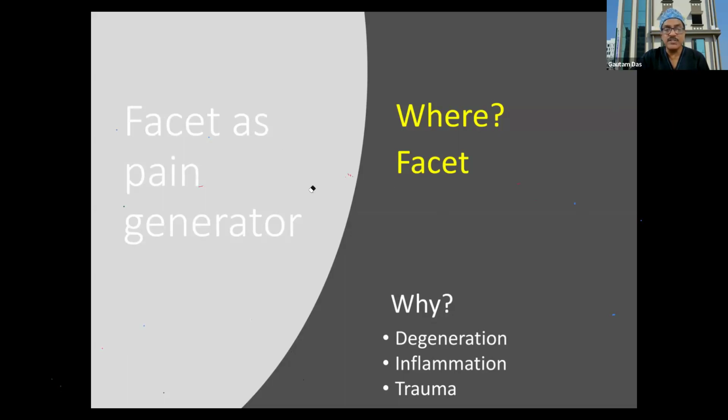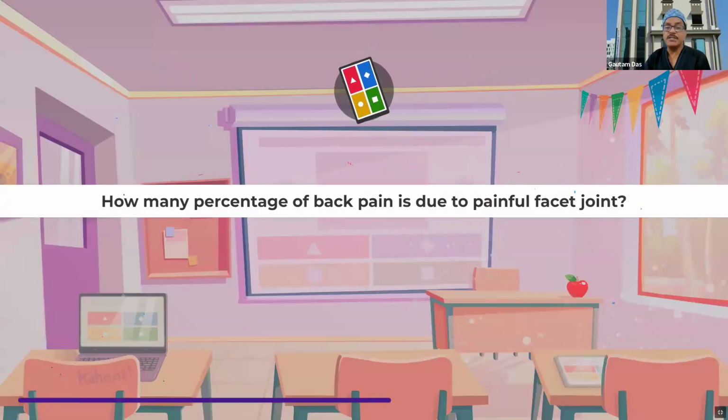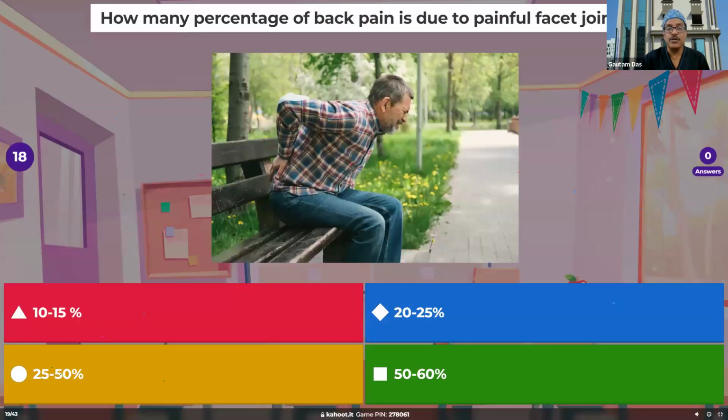Okay, so the facet joint is a very, very important source of back pain. So if the facet joint is the source of back pain, answer this quiz: what percentage of back pain is because of a painful facet joint? That means what is the contribution of the facet?